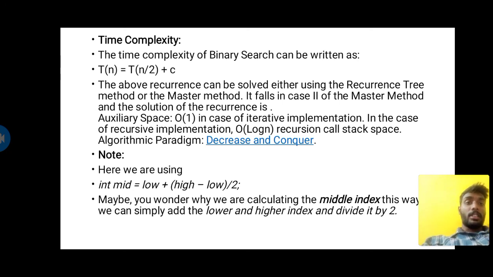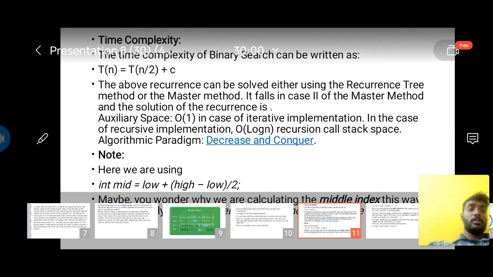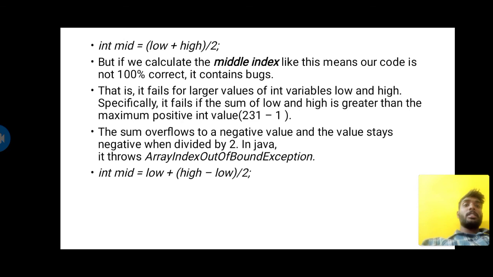Note, here we are using int mid = low + (high - low)/2. Maybe you wonder why we are calculating the middle index this way. We can simplify it and add the lower and higher index divided by 2: int mid = (low + high)/2. But if we calculate the middle index like this, our code is not 100% correct.